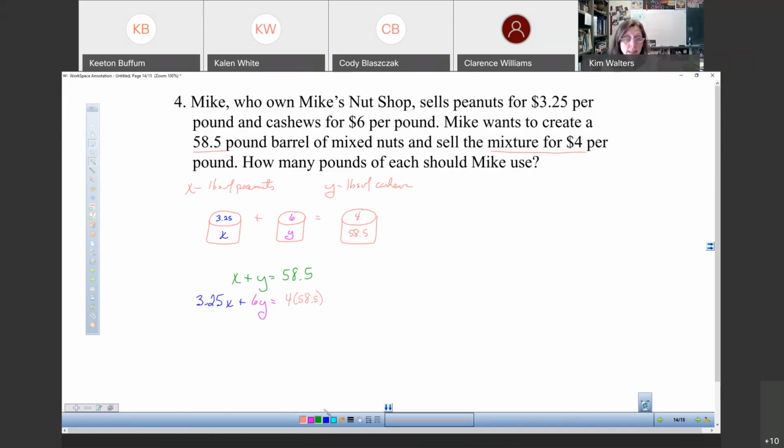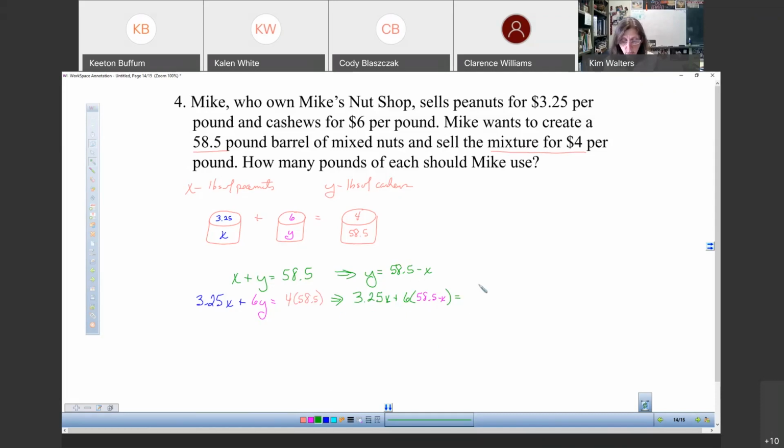I would probably solve this by substitution, and so I would solve it by substitution by telling you y is equal to 58.5 minus x. And in the second equation, I'm going to clean this one up just a little bit. So I have 3.25x plus 6 times 58.5 minus x, since that's my y value, is equal to, and I do have to go ahead and multiply that together.